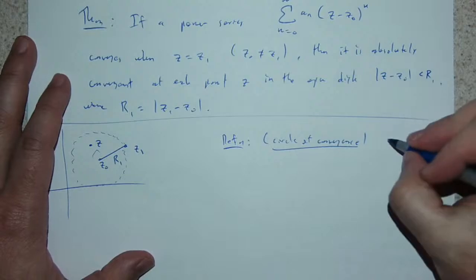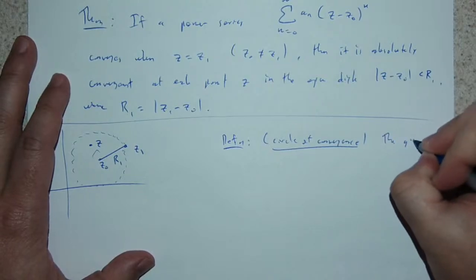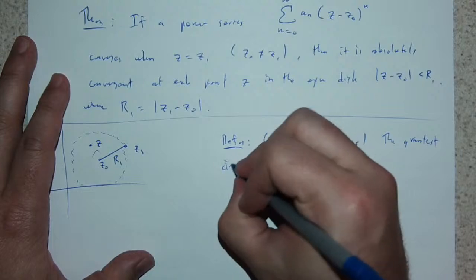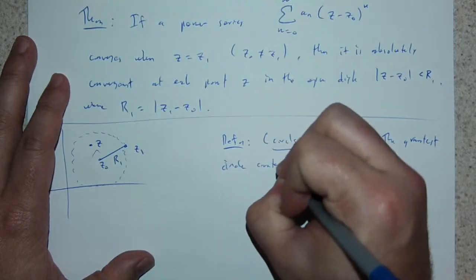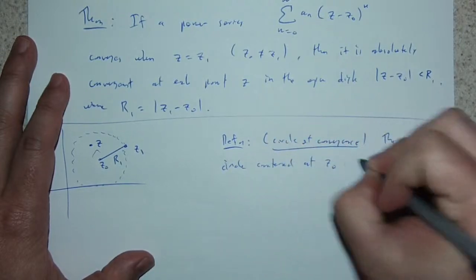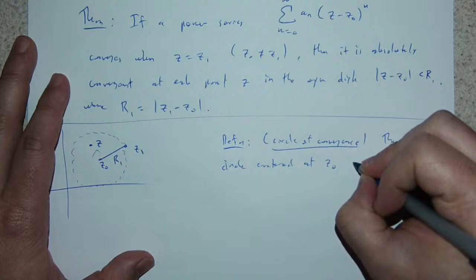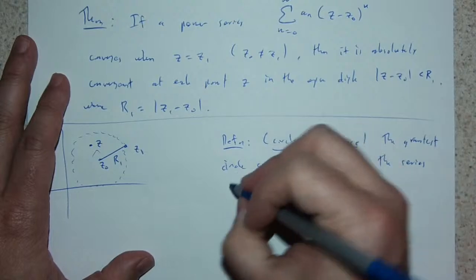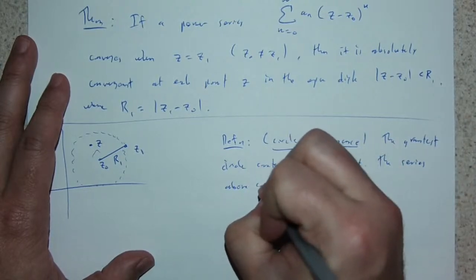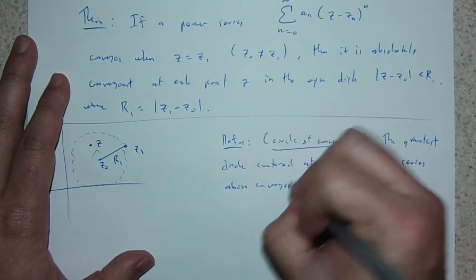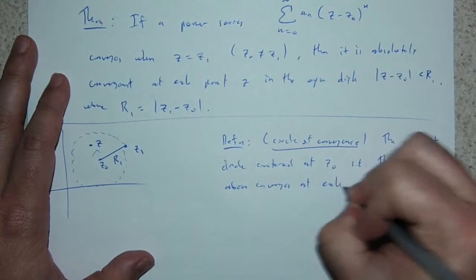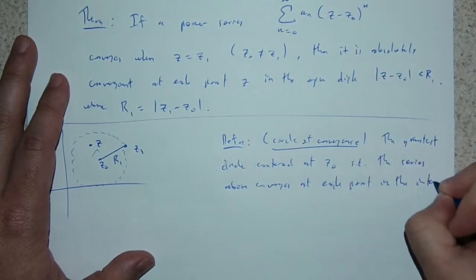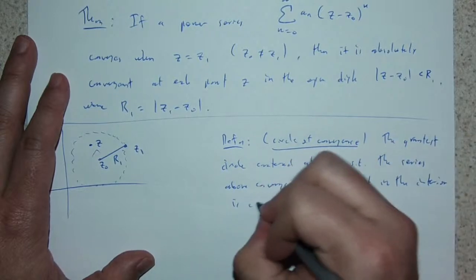This is the greatest circle centered at z naught such that the series above converges at each point in the interior. It is called the circle of convergence.